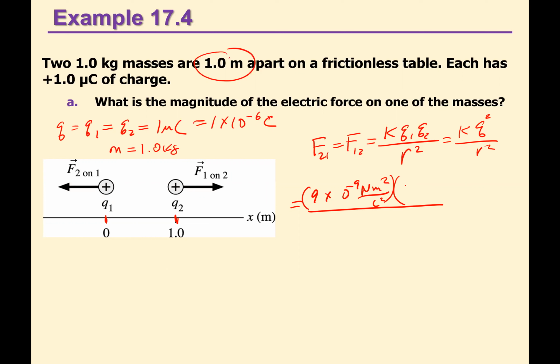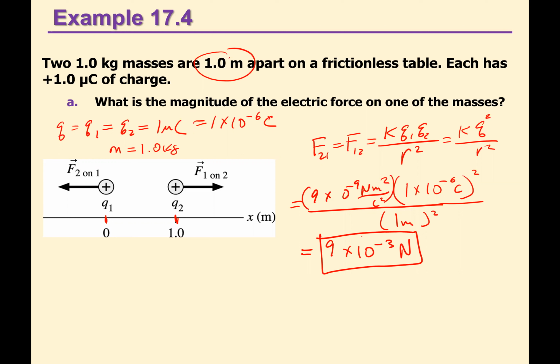So then it's 1 times 10 to the negative 6 coulomb squared, divided by their separation, which is 1 meter squared. All right, so what are we going to get? We're going to get 9 times 10 to the negative 3 newtons. That's the magnitude of the force between those two charged particles.